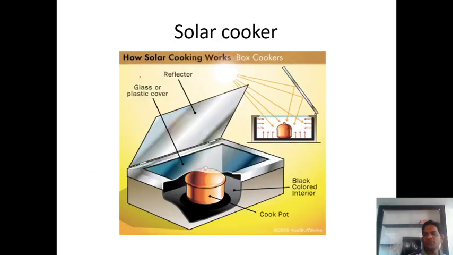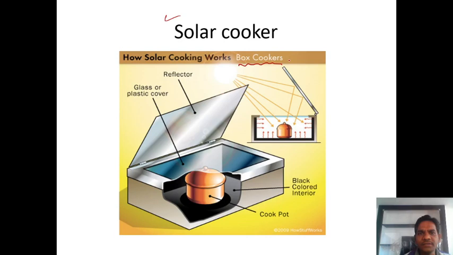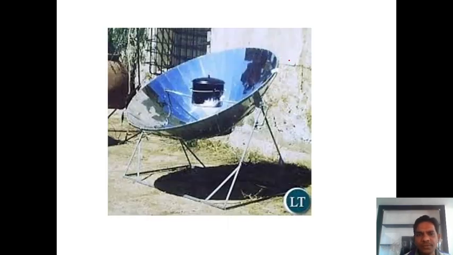Okay, so this solar cooker is operated by two types. One is the box cookers and the second is which one? Parabolic cookers. Okay, so these are the two diagrams of the solar cooker, guys. We know the solar cooker is used for cooking purposes.